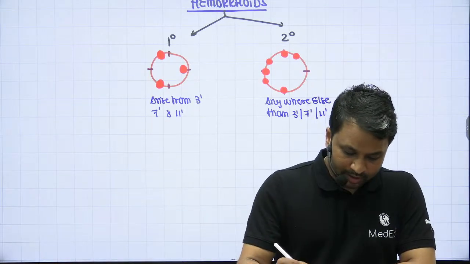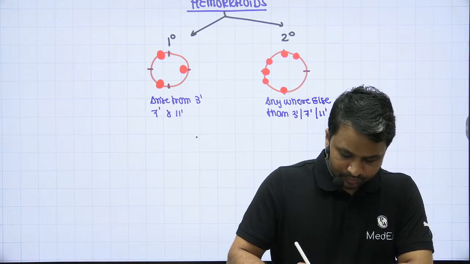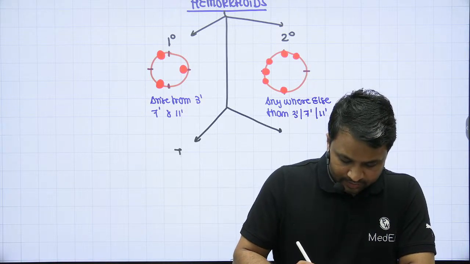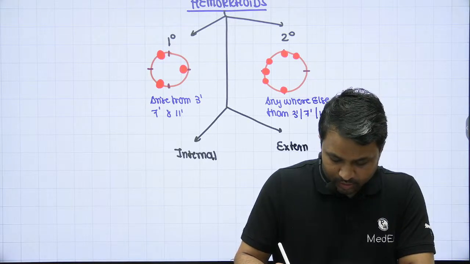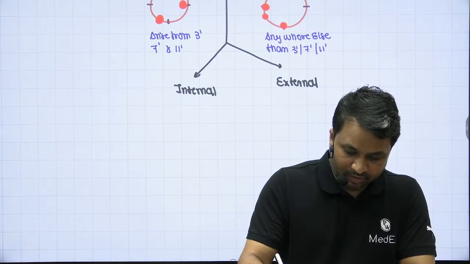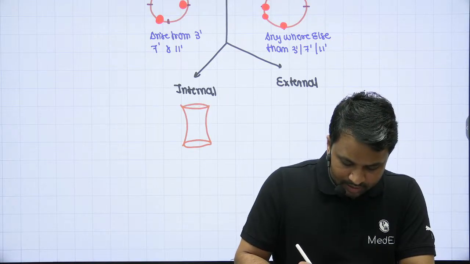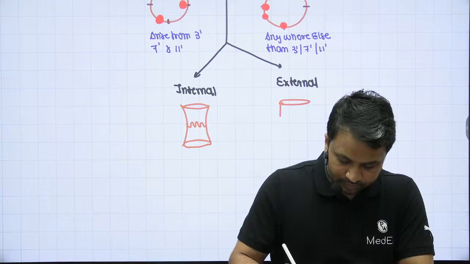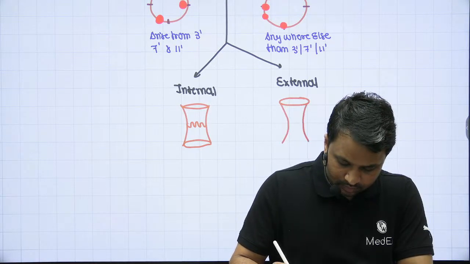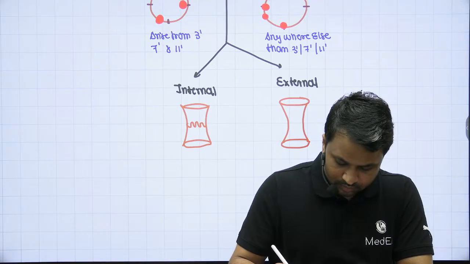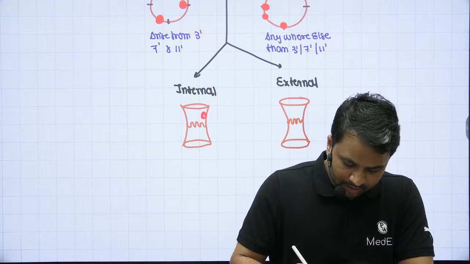In the same context, you have the internal and the external hemorrhoids. Now if the hemorrhoid is present above the level of the dentate line, so if you draw this as the anal canal, and let's say this is the dentate line that you have, then if the hemorrhoid is present above the dentate line, it is an internal hemorrhoid.